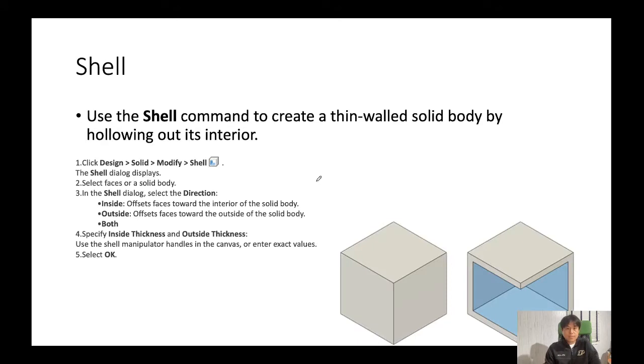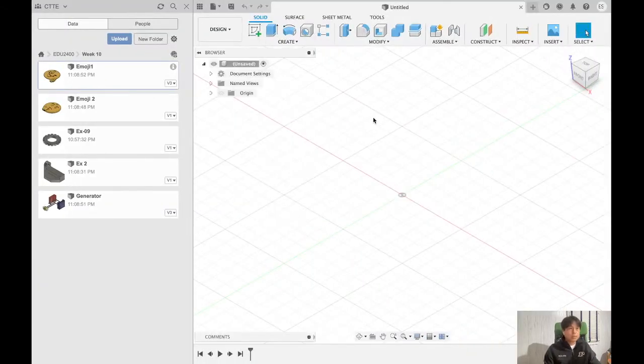Okay, let's get started. First of all, there are many modifying tools. The first one is shell. Shell is to create a thin-walled solid body like this. You can follow these menus to create a shell. Let me show you examples of creating a shell on Fusion 360.